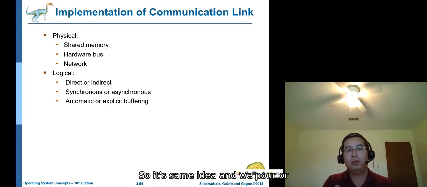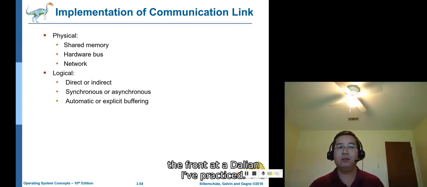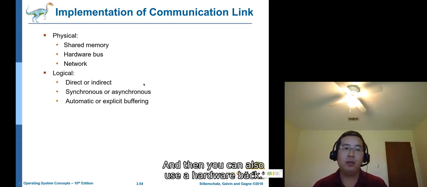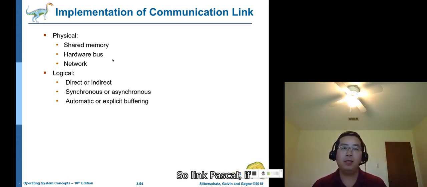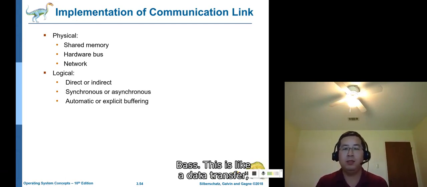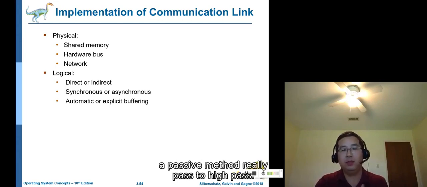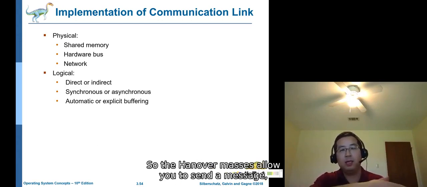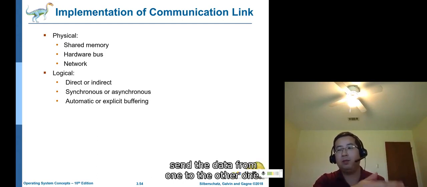So same idea. We borrowed from that daily life practice. And then you can also use a hardware bus. So for the link, if it's only within one computer system, you can use the bus. Of course, this is like a data transfer bus, not a real bus. So the hardware bus allows you to send a message, send the data from one to the other.